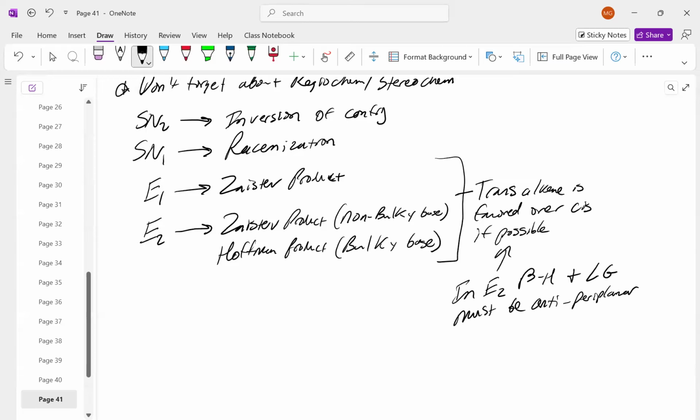And sometimes that might result in having to rotate a single bond to get the hydrogen and leaving group anti-periplanar, and that would result in a cis double bond or the less stable double bond by maybe putting two big groups close to each other. So you have to remember to satisfy these conditions.